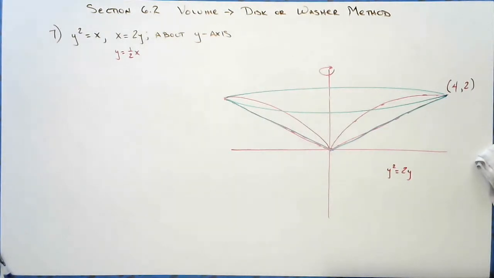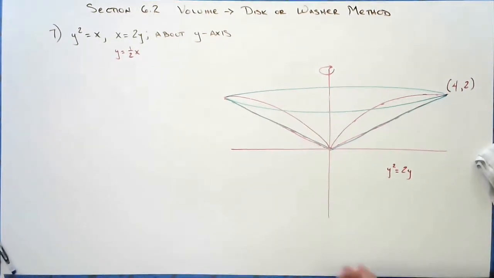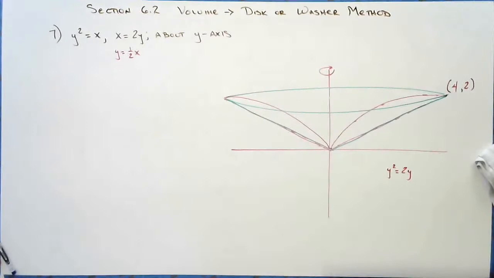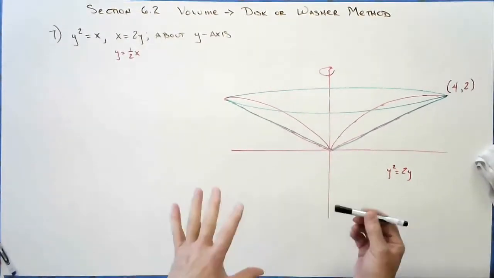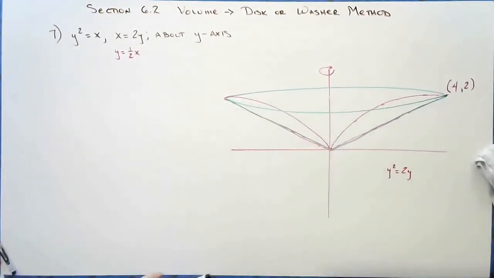Then it says, sketch a typical disc or washer. So we want a washer or a disc. We have to ask ourselves, which way am I going to slice this to generate a washer or a disc?